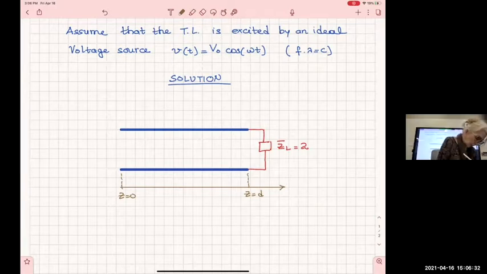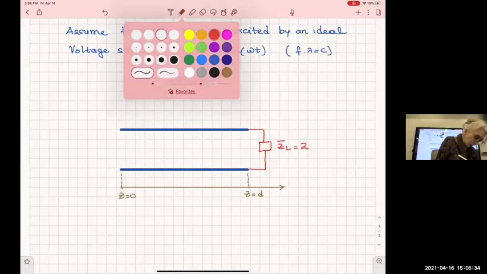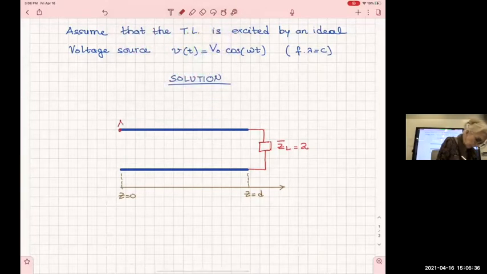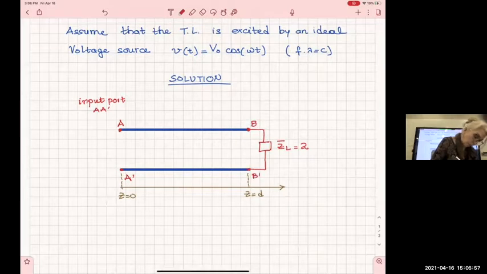So this is the input port, A and A prime here. And then here is B and B prime, and that's the output port.